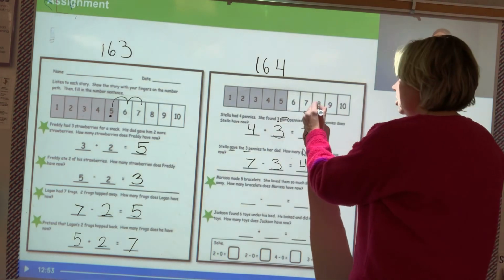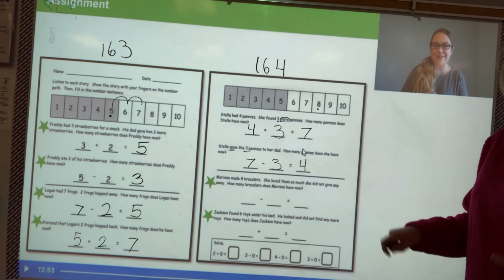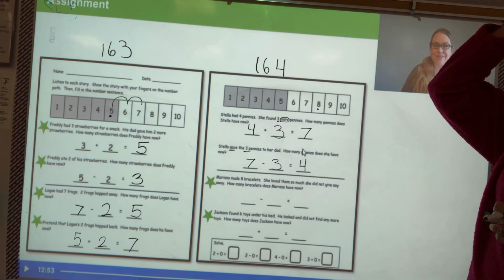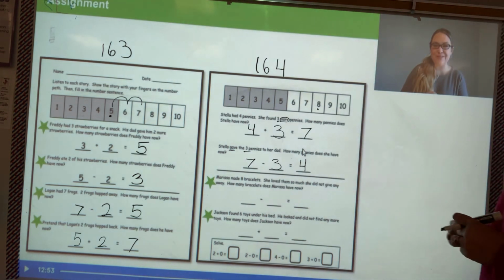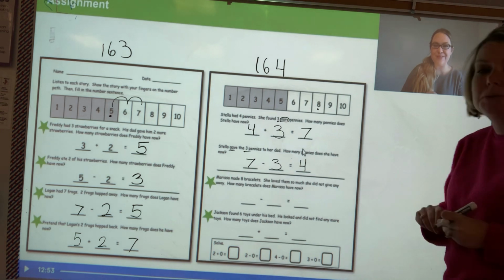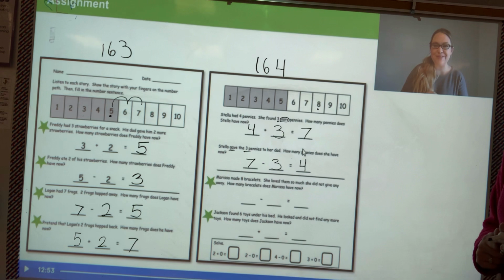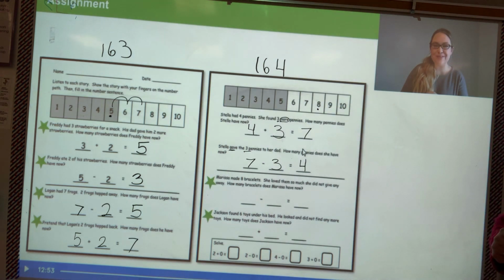She liked them so much that she did not give any away. What number means not any? 0. So I'm going to move 0. How many bracelets does Marissa have now? Did we move on our number path? No. So we're still on what number? 8.